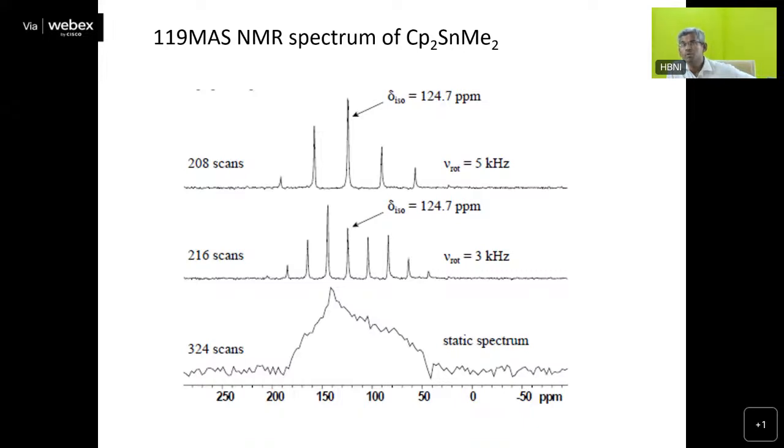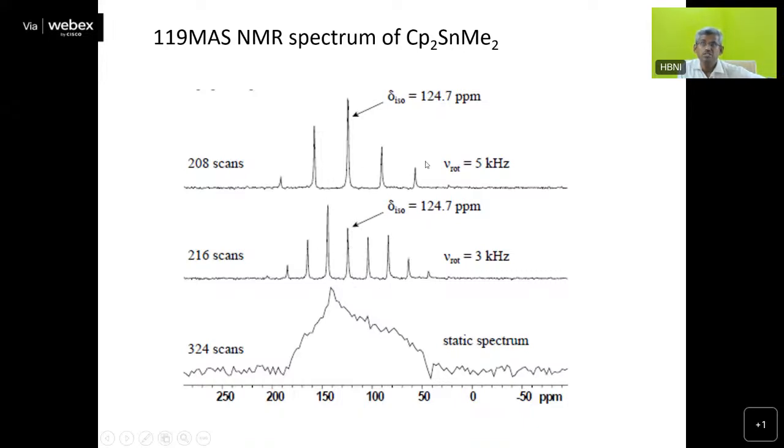We probe tin NMR from these compounds. This is an organometallic compound, and we can see the static pattern is quite broad. The moment you increase the spinning speed, you get sharp lines, and this is the isotropic peak. Sometimes it can be so misleading that the isotropic peak intensity is smaller than that of the sideband intensity.